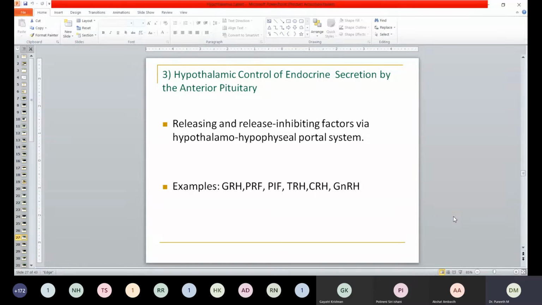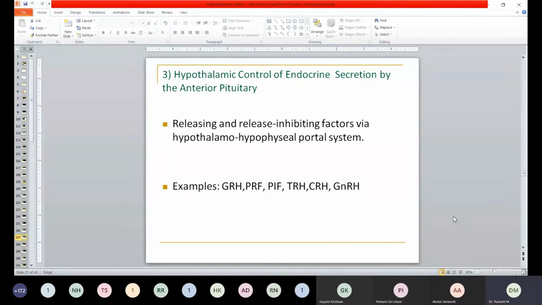Same way for the thyroid hormone, there is thyrotropin releasing hormone, which will act on the anterior pituitary and cause release of TSH, thyroid stimulating hormone. Next one is corticotropin releasing hormone, which acts on the anterior pituitary gland and secretes ACTH, adrenocorticotropic hormone, which ultimately acts on the adrenal gland.